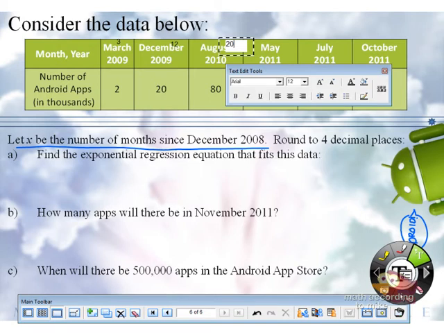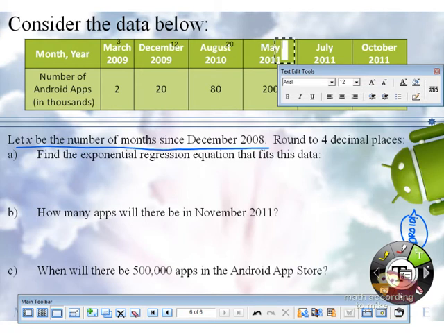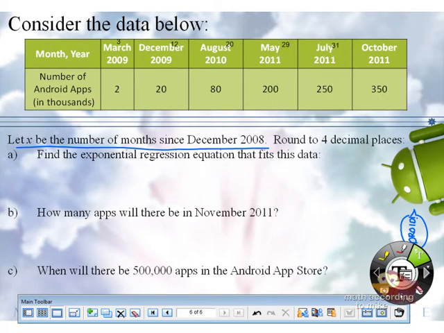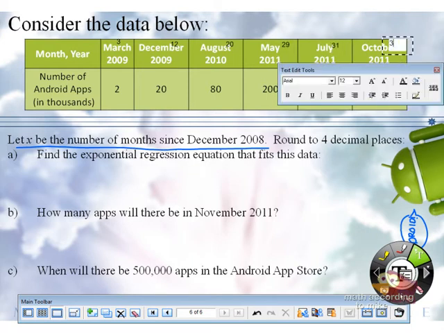Oh, it's 29, yeah. July 2011. What'd you get? June, July, yeah. And October? 34. Good.